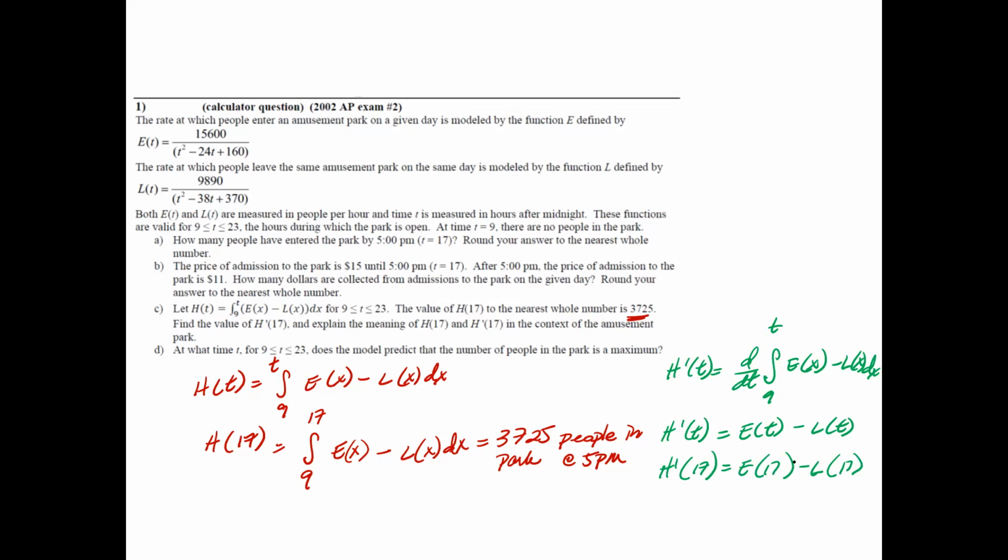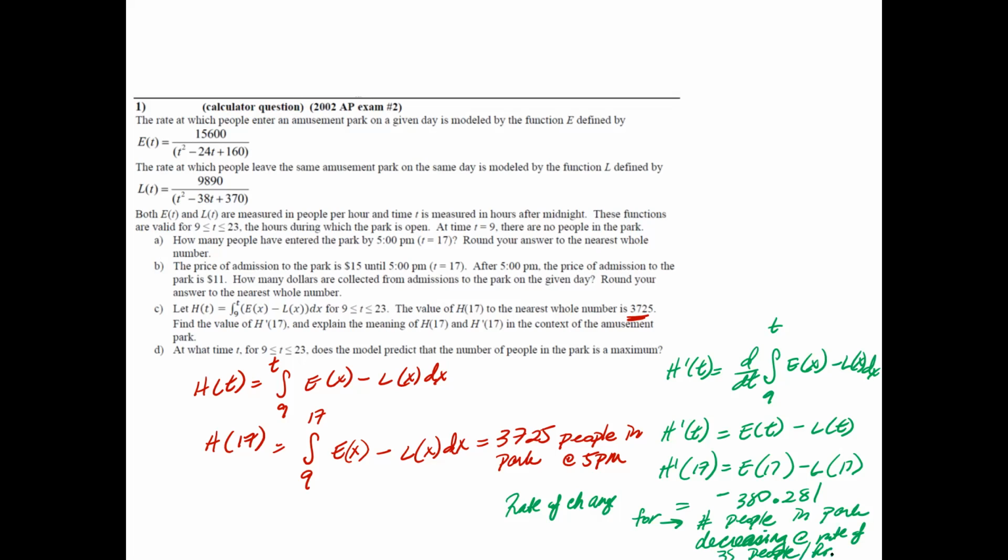And if you plug this into your calculator, literally just plugging in e of 17 minus L of 17, you will get a negative 380.281, which is the number of people in the park that is decreasing. So the rate of change of people in the park is decreasing at the rate of 380 people per hour.